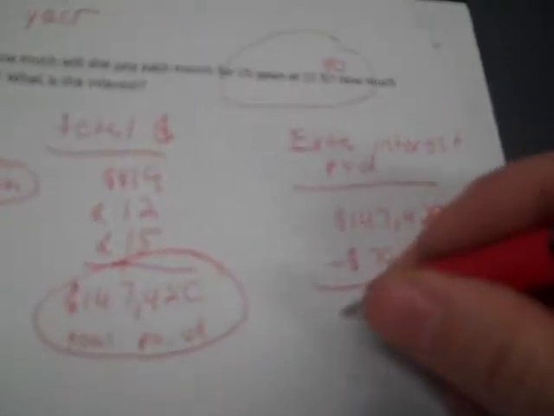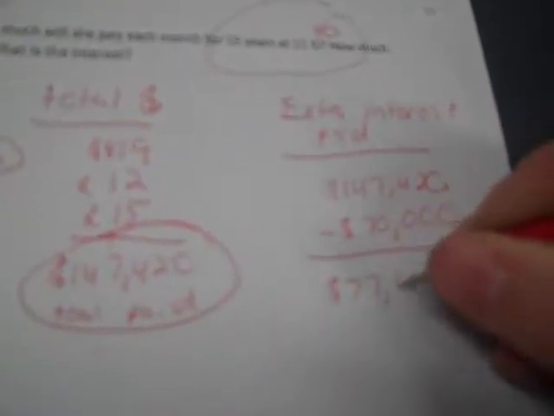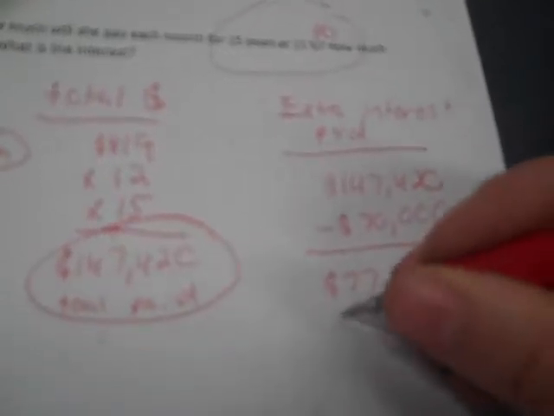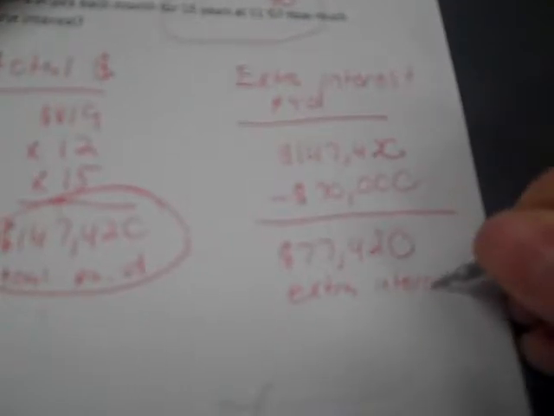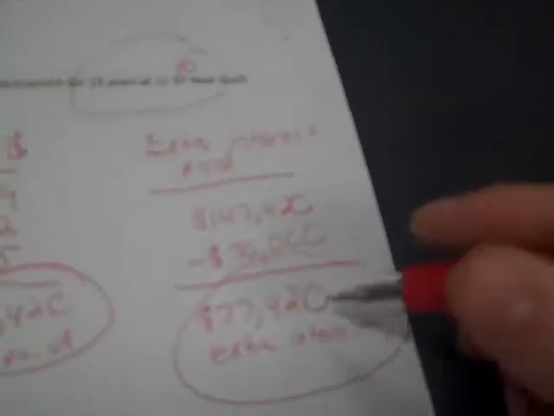So I need to subtract $70,000. So $147,420 minus $70,000 is $77,420. Extra interest. It's a lot of extra money, okay?